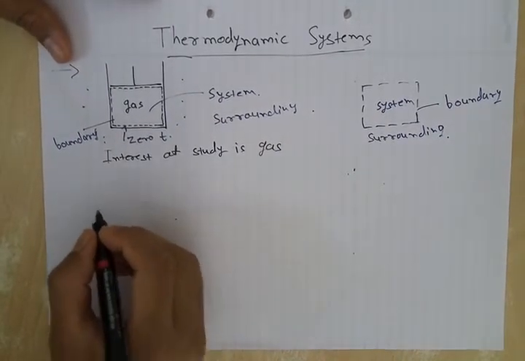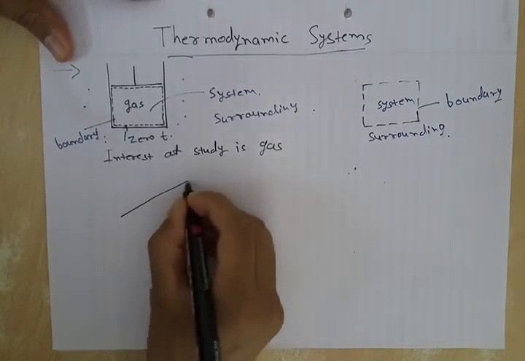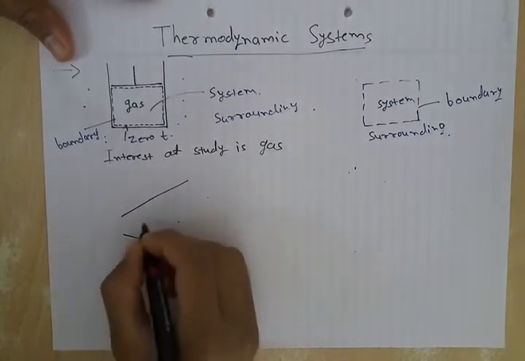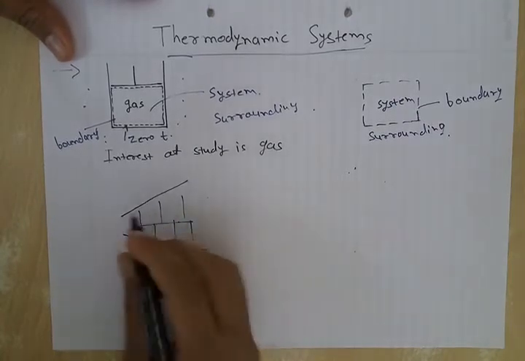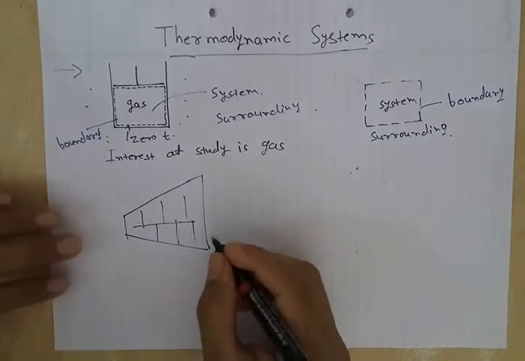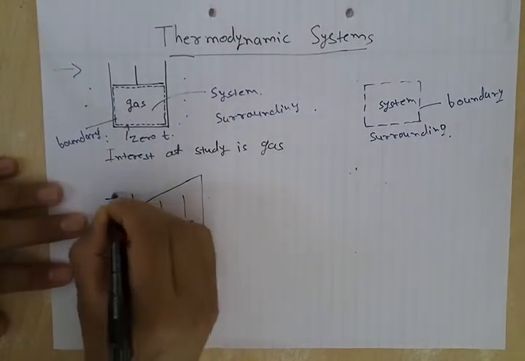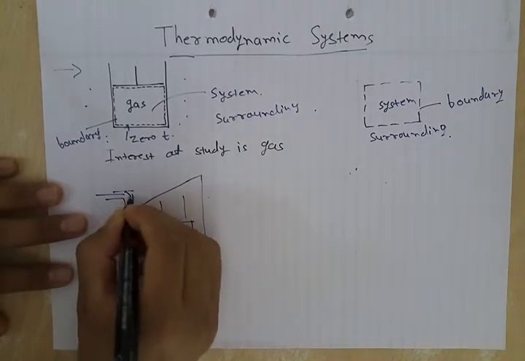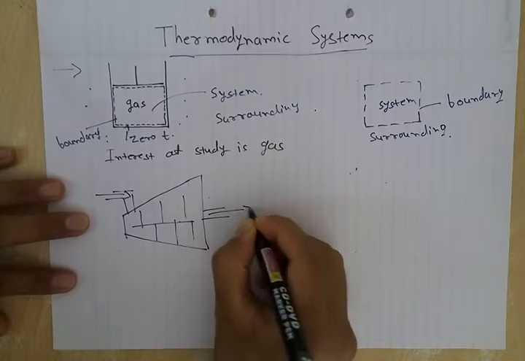Now let us take another example. Let us take an example of a steam turbine. Let us say these are blades of turbine. Now this is inlet from which air-fuel mixture enters, and this is outlet for exhaust.